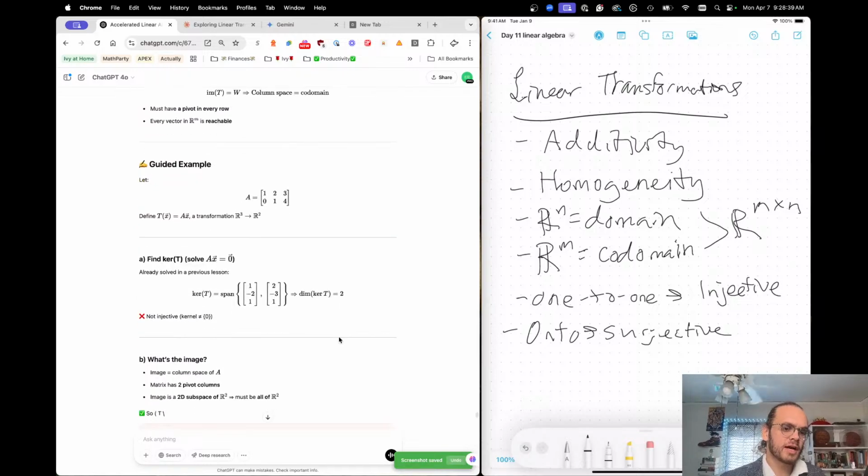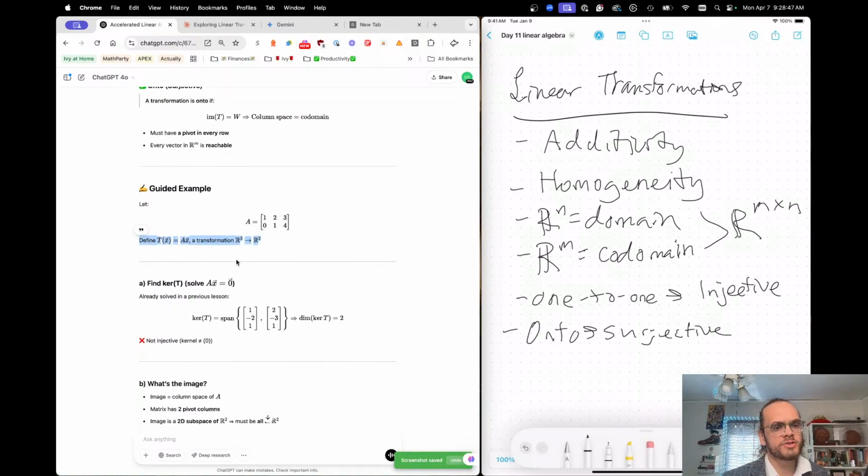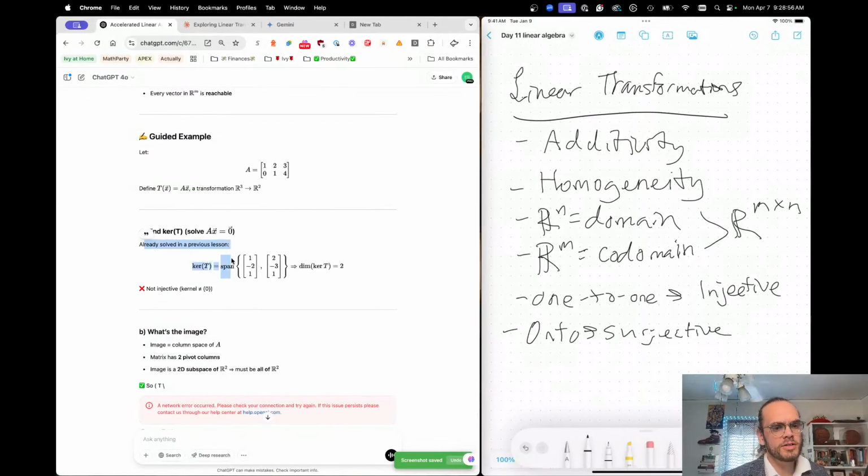All right, let's look at this guided example. Let A equal 1, 2, 3, 0, 1, 4. Define T of x equals A times the x vector, as a transformation from three-dimensional space to two-dimensional space. You find the kernel of T. I already solved this in a previous lesson, apparently, but it's the span of this, and the dimension is 1, so it's not injective.